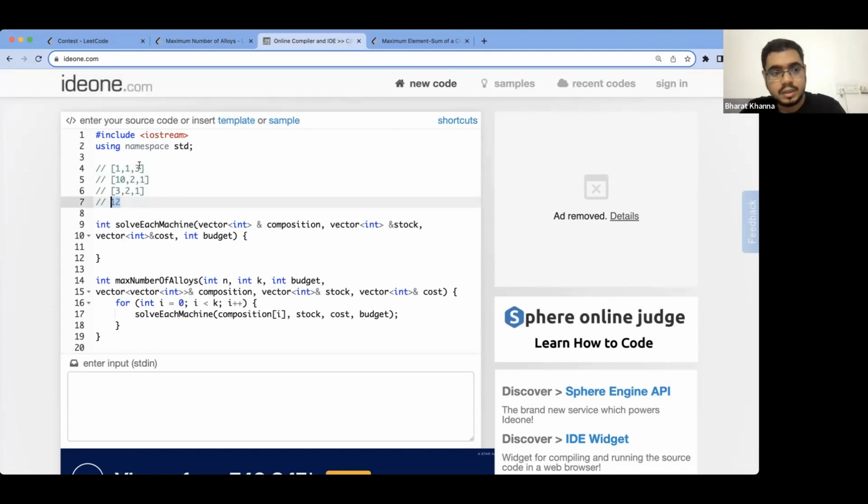Does this make sense? कि थोड़ी सी प्रॉब्लम एक स्टेप रिड्यूस हो गई है in terms of complexity. Okay, everyone agrees? Can we move on? Okay, let's think about this now. How we can solve for one particular machine, that is, how to calculate how many alloys we can make.